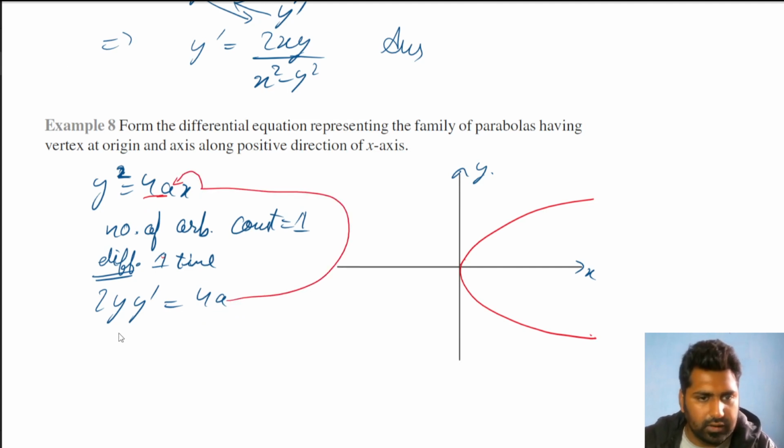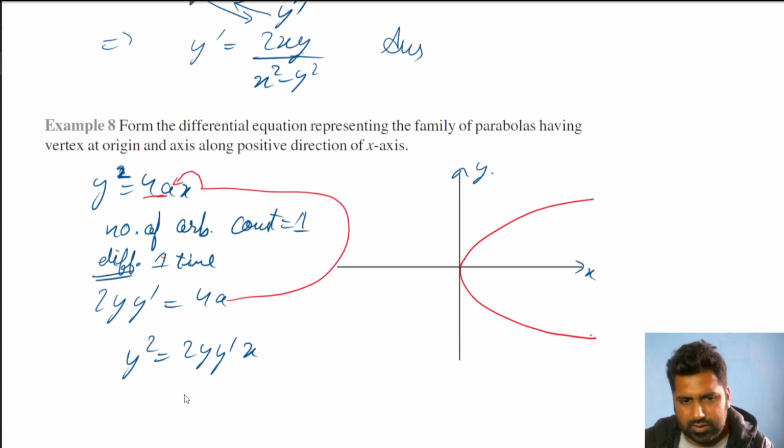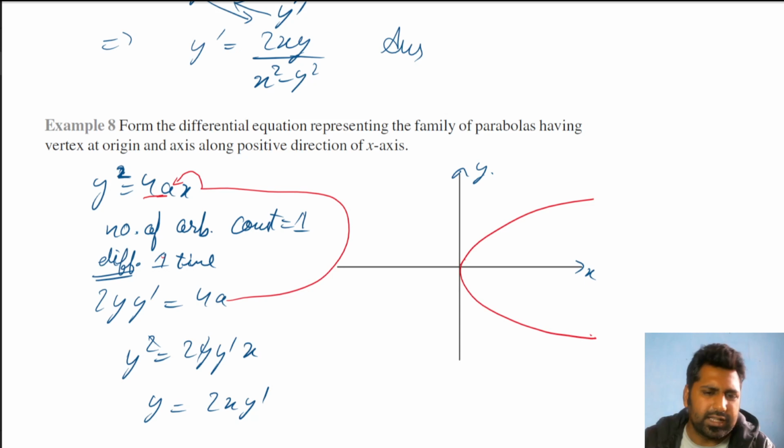Sorry, the equation was y square is equal to 4ax, so we get 2y y dash is equal to 4a, and into x. If we cancel this y and y, we get y is equal to 2x y dash, or y dash is equal to y by 2x.